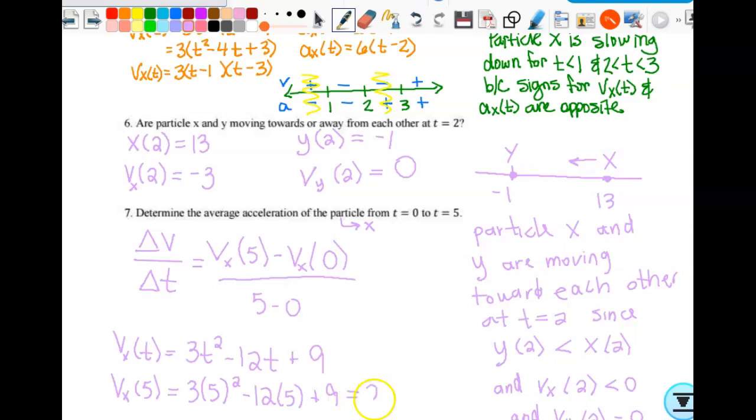All right, nice, 24. Everybody agree? 75 minus 60 is 15 plus 9 is 24. So 24. What's the velocity of particle x at time 0?